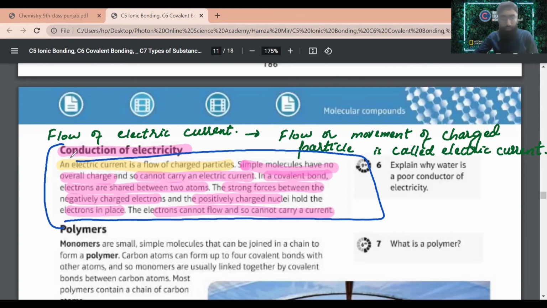And before going into polymers, let us solve this one question: explain why water is a poor conductor of electricity. This is also a very important question.